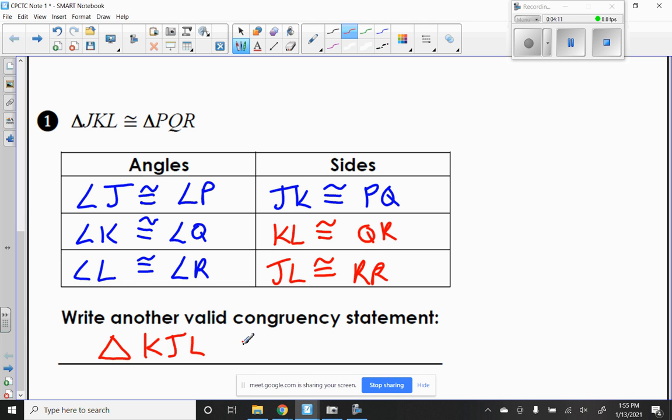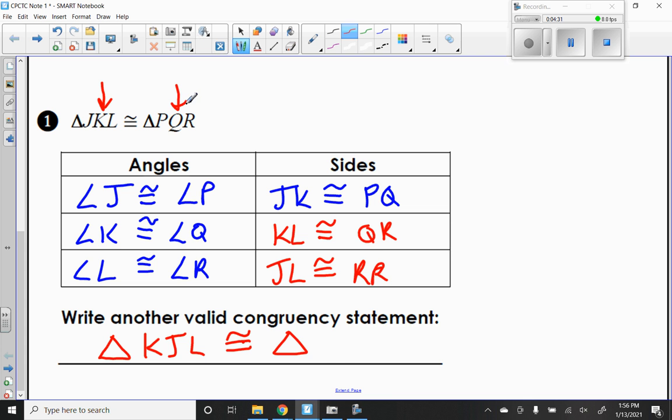So how do I finish this? I basically go in the same exact order on the second triangle. If I started at K, where would I start over here?